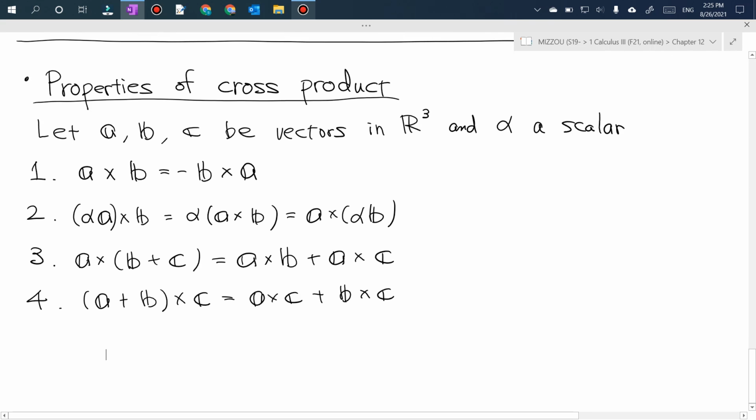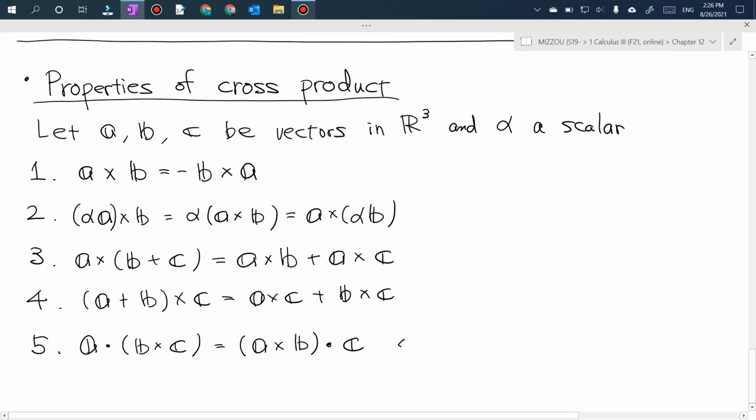All right, and then now, number 5, there is something called a triple product. A dot B cross C. This means you take the cross product of B and C, and then you get the vector, and then take the dot product with A. Somehow surprisingly, that's the same as A cross B dot C. Somehow you can flip dot and cross product here.